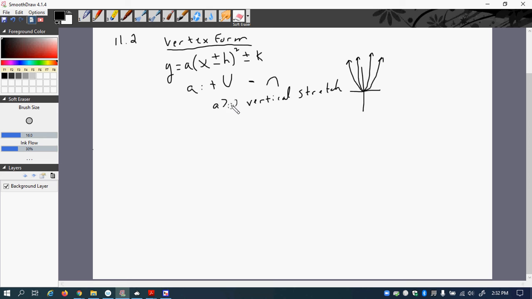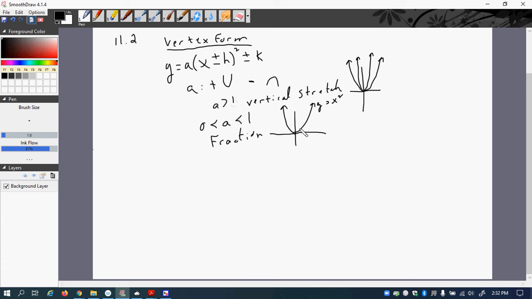Actually, we should say it's 1, not 0. So let's take that out. It's really 1. That's what I meant to say. And then if A is between 0 and 1, then we have some type of fraction for A, and that causes the parabola to become wider, because here is the normal equation, y equals x squared.